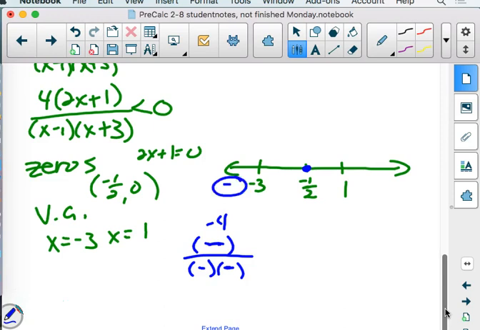All right. Nice number between negative 3 and negative 1/2 that you're willing to work with. Negative 1. A negative 1 up here will give us a negative. A negative 1 down here will give us a negative. But a negative 1 in here is going to give us a positive. So what's happening?